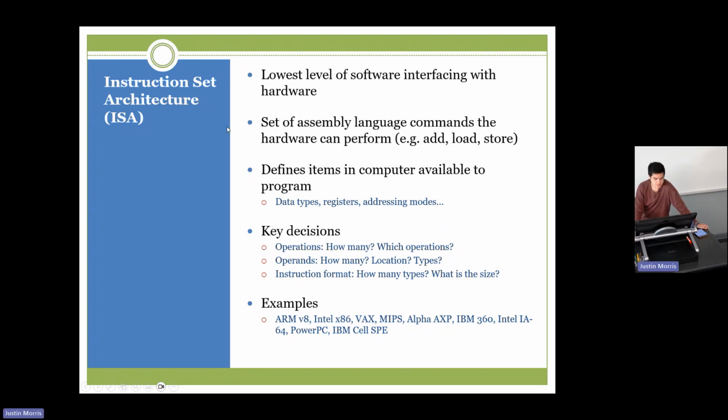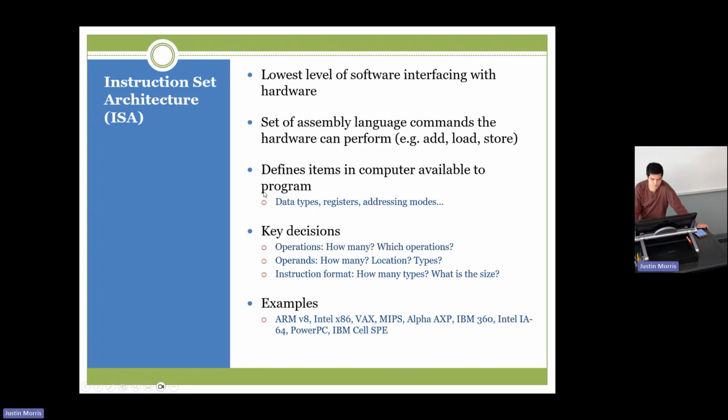All right, so the instruction set architecture is this set of assembly commands, right? So like add these two registers together, load this data from memory into this register at this address, and then store does the opposite. Take the data from this register and write it to memory at this address.